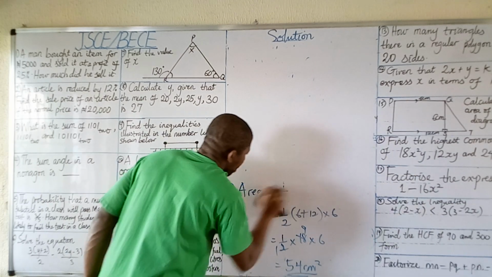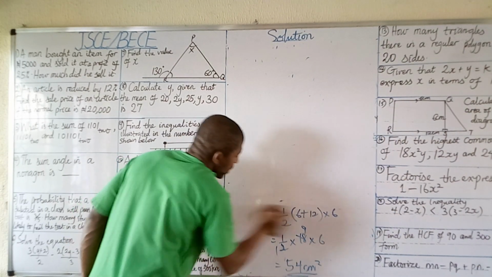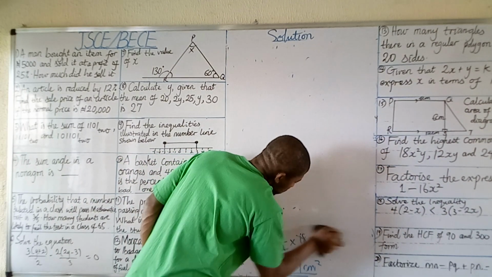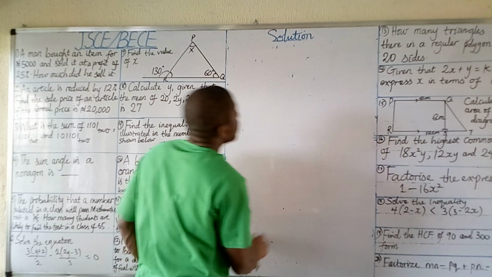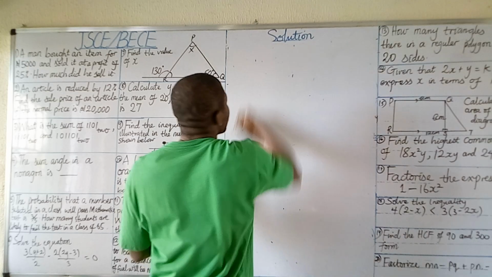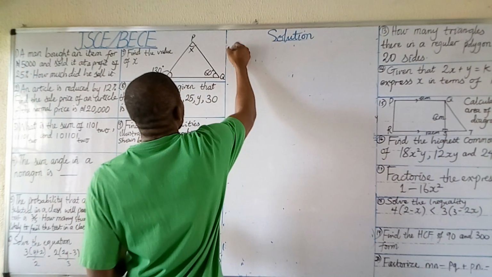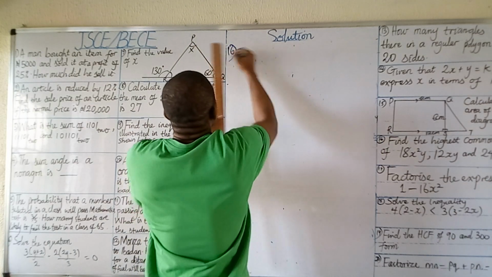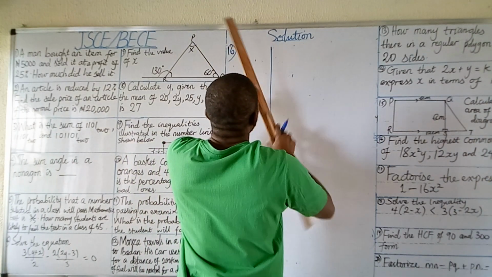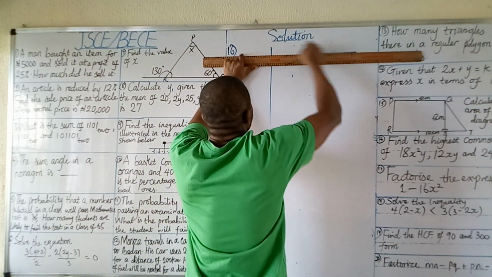Alright, we start immediately without wasting much time. So for question 16, we rule our line and start the division.